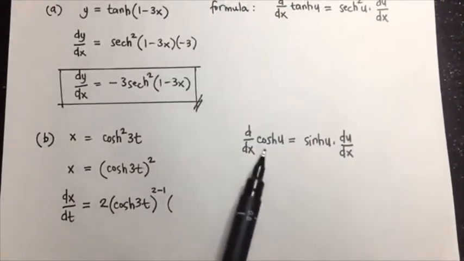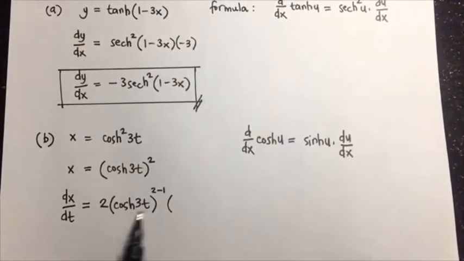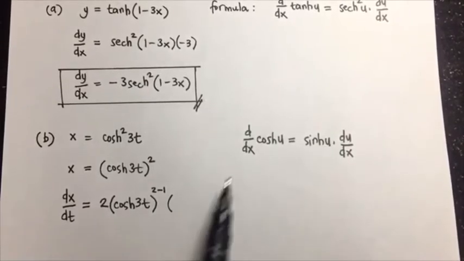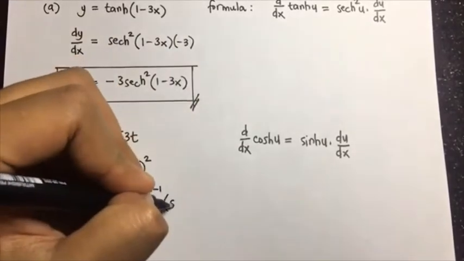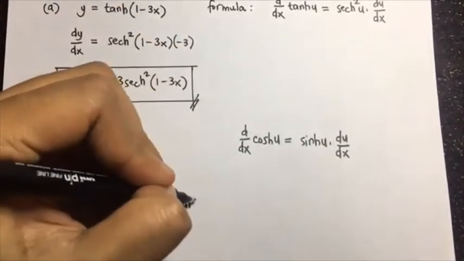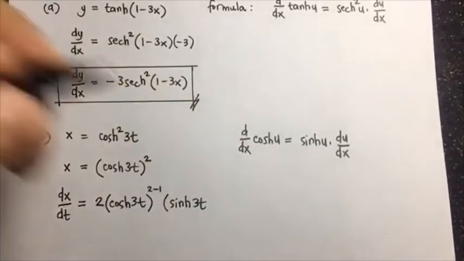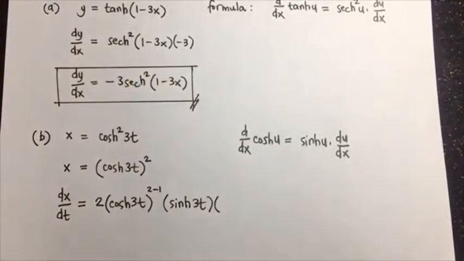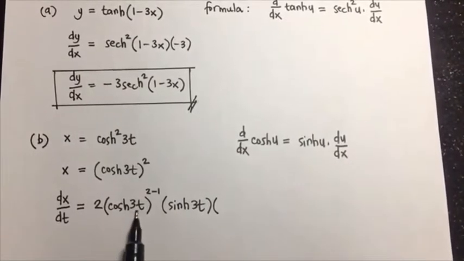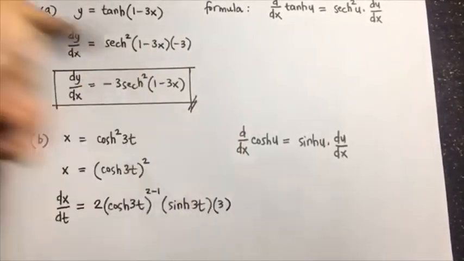So the derivative of hyperbolic cosine is hyperbolic sine of u, where our u is 3t, so hyperbolic sine of 3t, multiplied by du over dx. Our u is 3t, therefore its derivative with respect to t is 3.